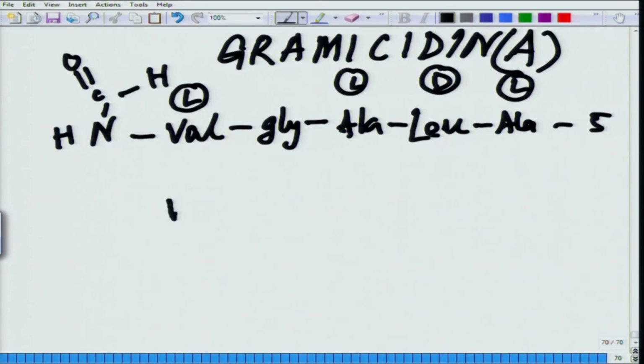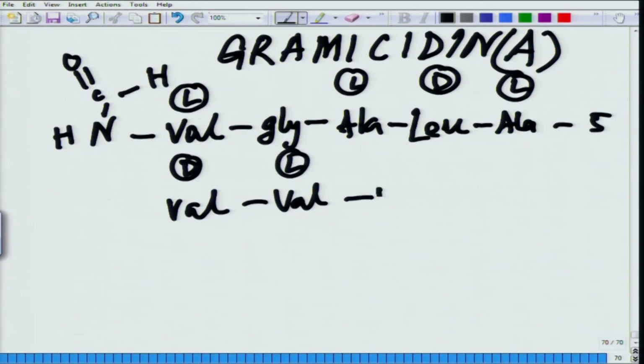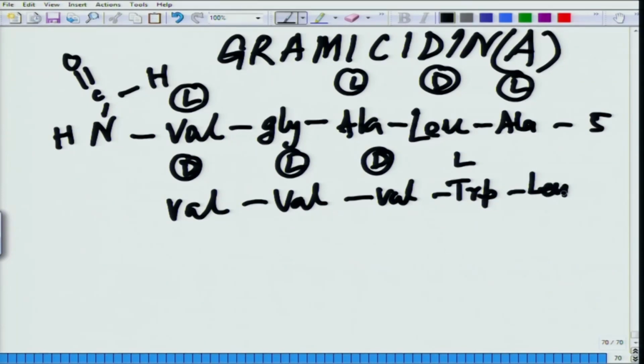Then you have the valine, which is in D conformation. Then another valine, which is in L conformation, and another valine, which is in D conformation. You have tryptophan, which is in L conformation, a leucine in D conformation.